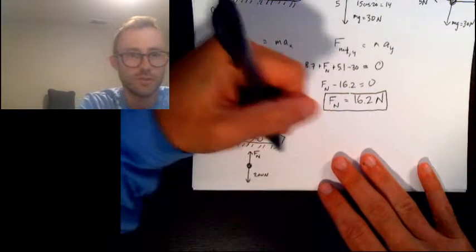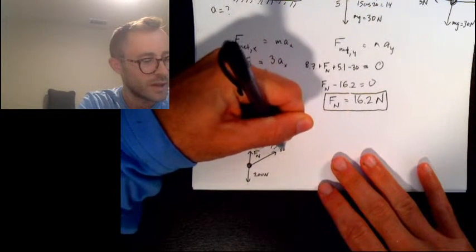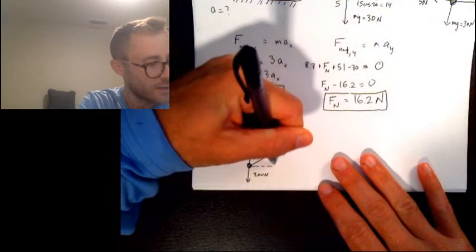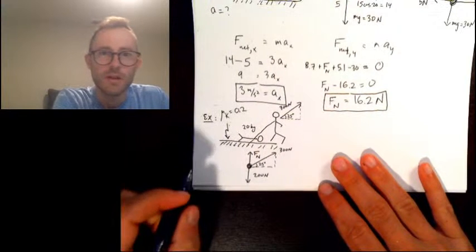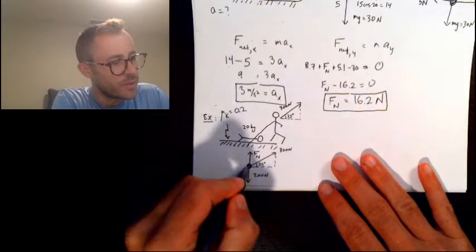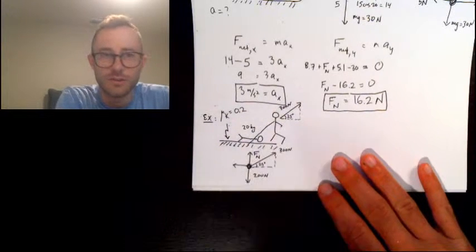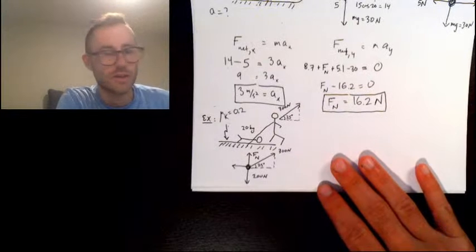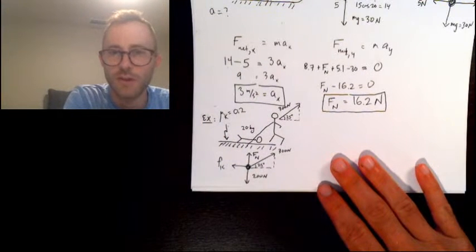There is going to be a 300 Newton diagonal force acting at 25 degrees. And then there's going to be kinetic friction. This 300 newtons is going to be enough to drag the child, so we'll have kinetic friction going to the left.